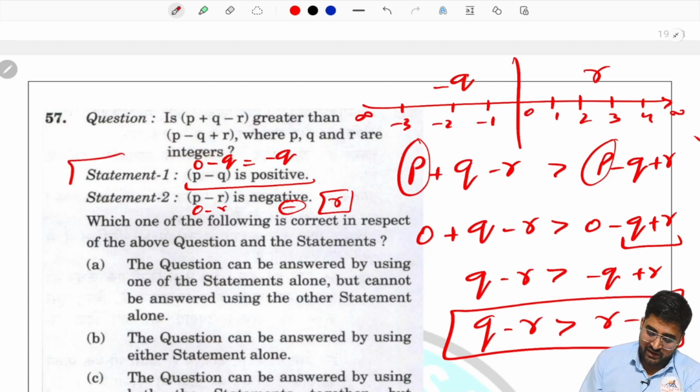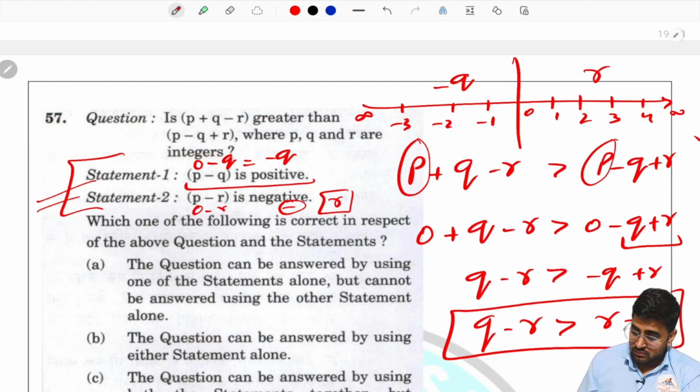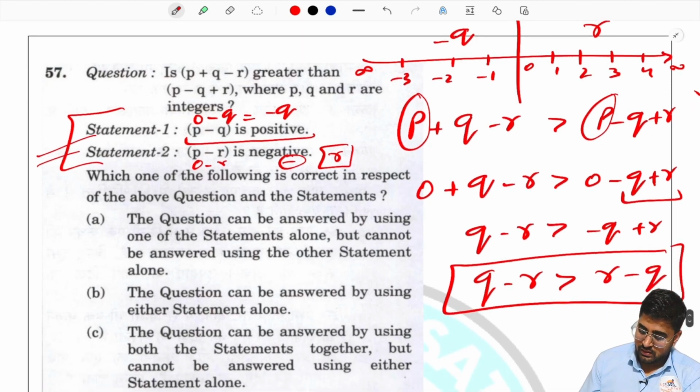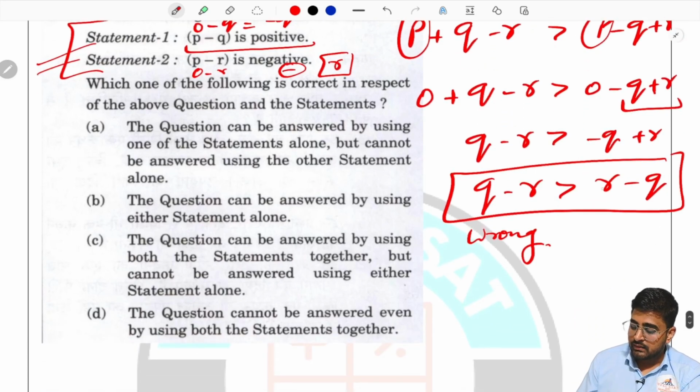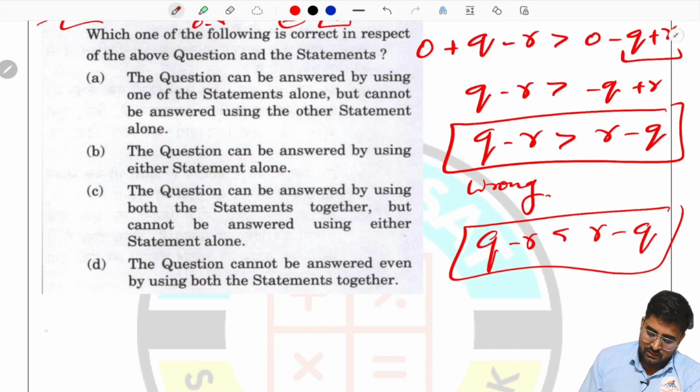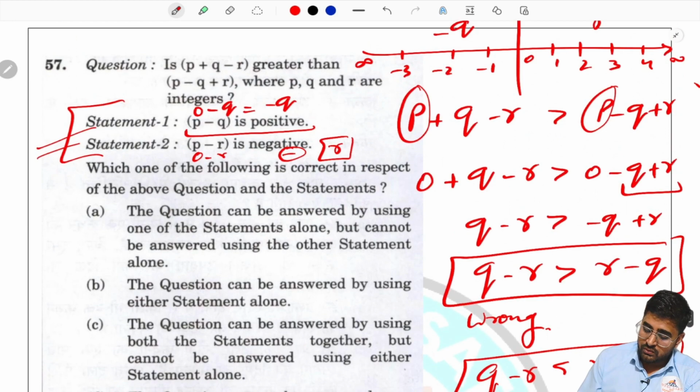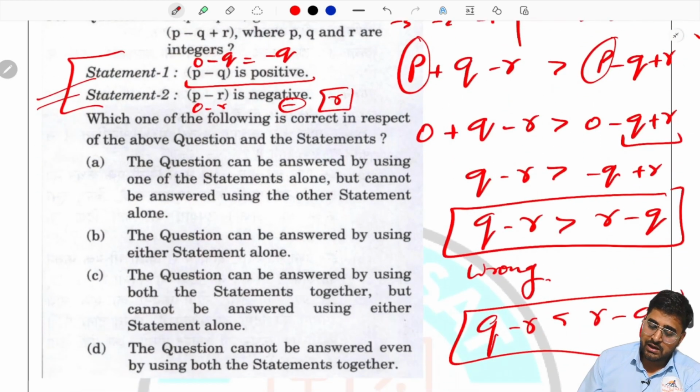Okay, when using both the statements, we get to know that yes, R is greater than Q. So R is greater than Q means this statement is wrong, because if R is greater than Q, then for instance, let's take R equal to 3 because R is greater than Q, we have observed that from the timeline only.